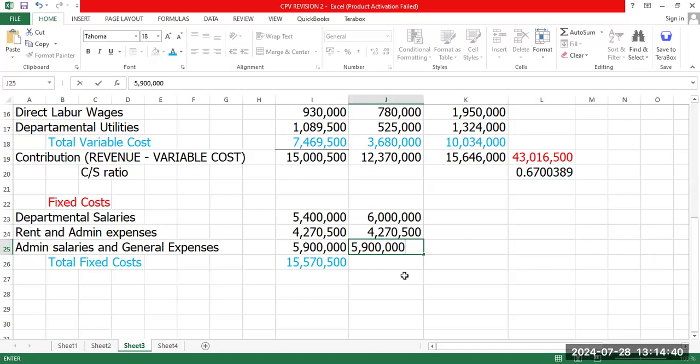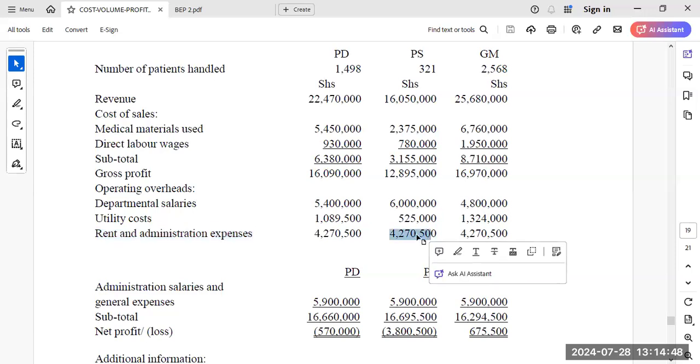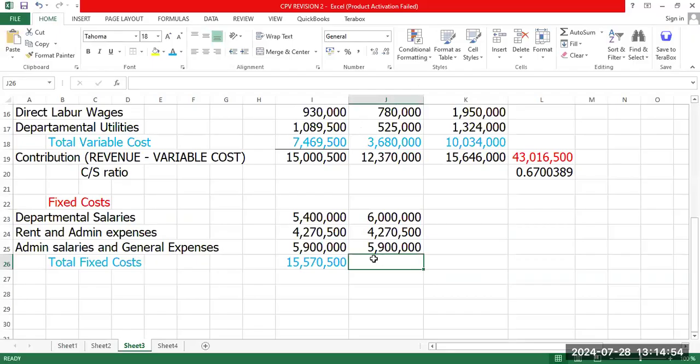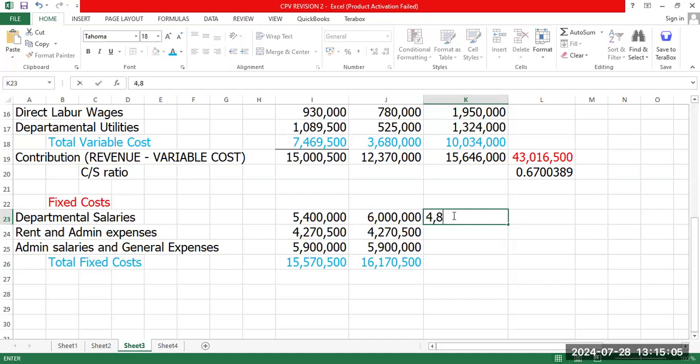Let me first confirm about rent and administration. Rent and administration. Yes, there is 5 somewhere. Then the total will be that one. I do the same for another department. This is 4.8 million. Then this one is 4.